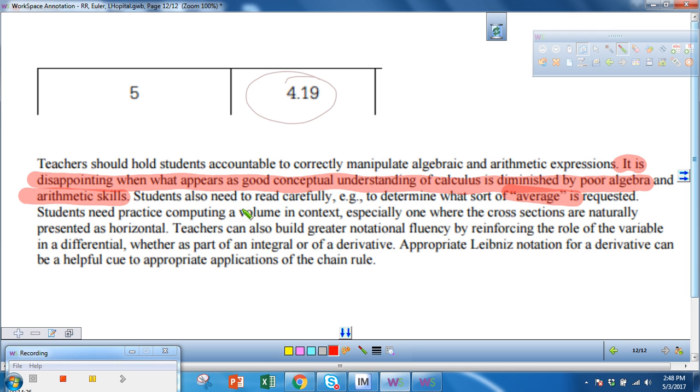For this volume question, know that cross sections are naturally presented as horizontal. And use appropriate derivative notation, okay? Especially with chain rules. So you want to make sure when you take the derivative with respect to t that everything has to be taken with respect to t, okay?